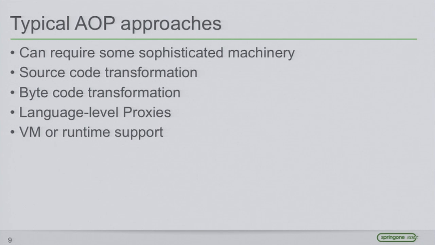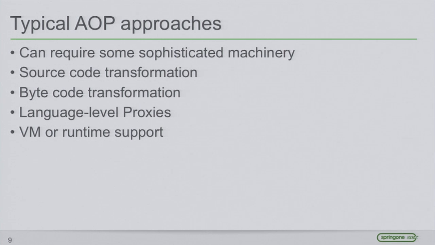If you've seen AspectJ and you've used it, you've probably thought to yourself, holy cow, how does this work? I don't even want to look under the hood here. Yes, AOP can be pretty sophisticated. It can require some pretty heavy-duty machinery. And some typical approaches are to actually transform the source code before it's compiled.